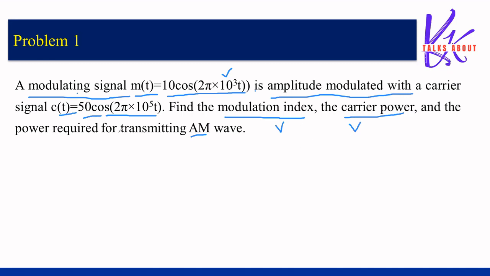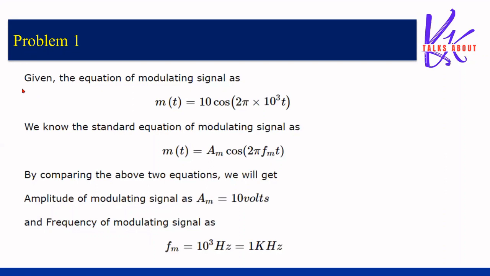So let us see what parameters he has given. If you look at your modulating signal, what is the given information? m of t is equal to 10 cos of 2 pi 10 power 3 t. Comparing this with the standard equation, we get AM is equal to 10. AM is the amplitude of your message signal, which is 10 volts, and the frequency of your modulating signal, FM, is 1 kilohertz.